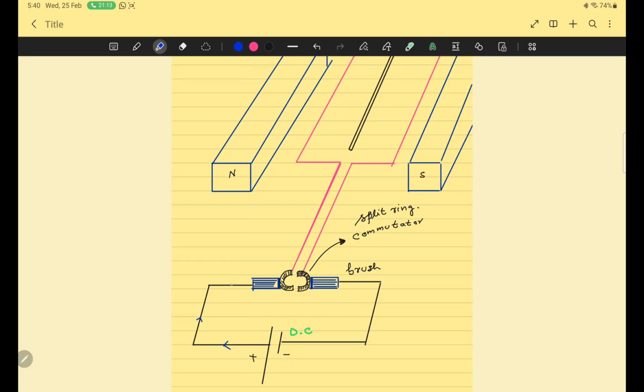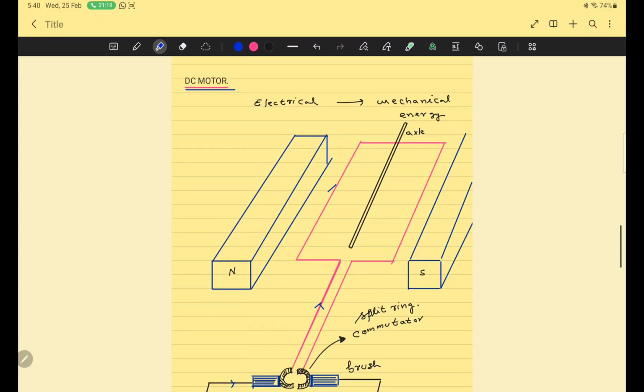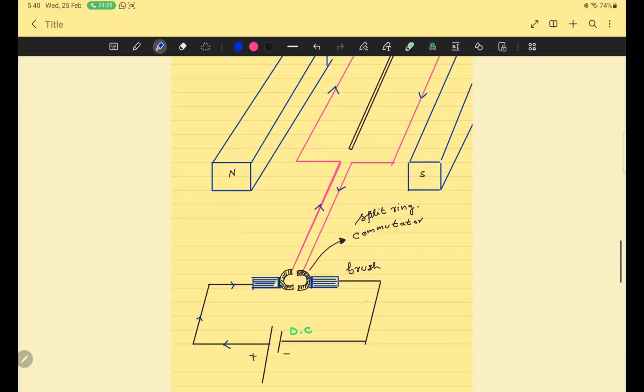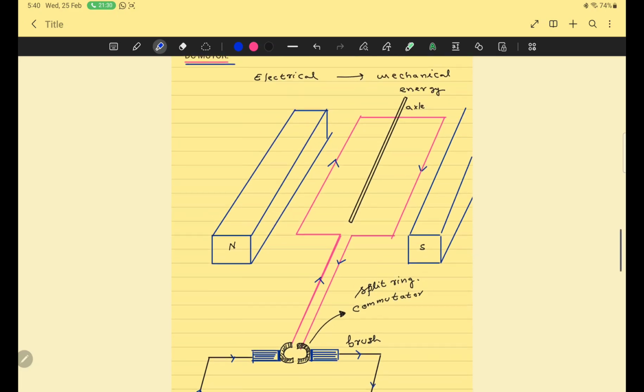When current passes through the coil, then you can see there are two sides of the coil. I am calling this side PQ and this side RS.